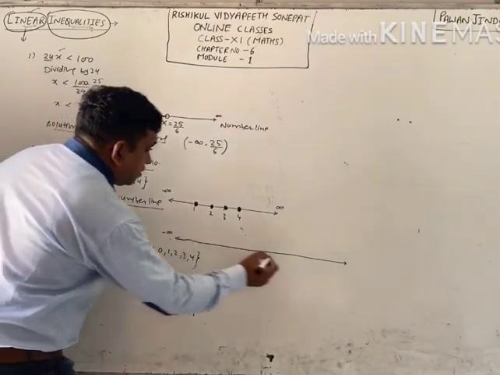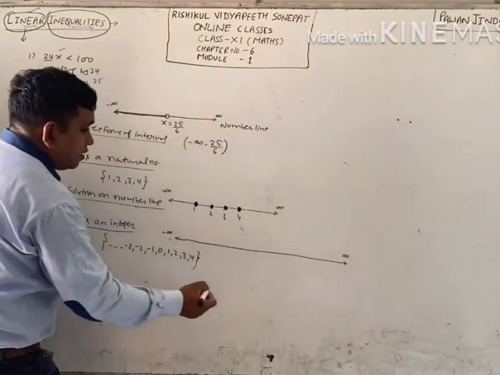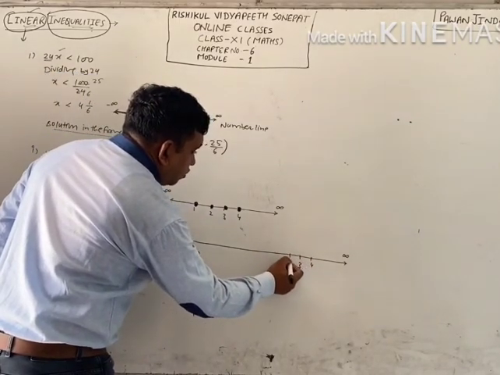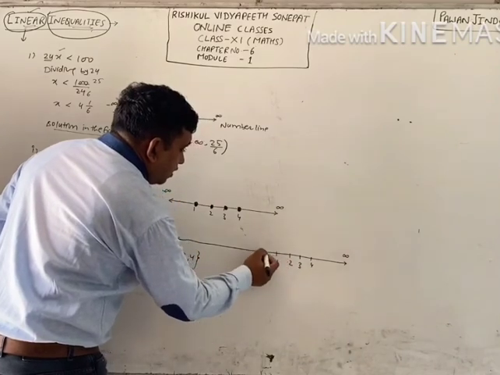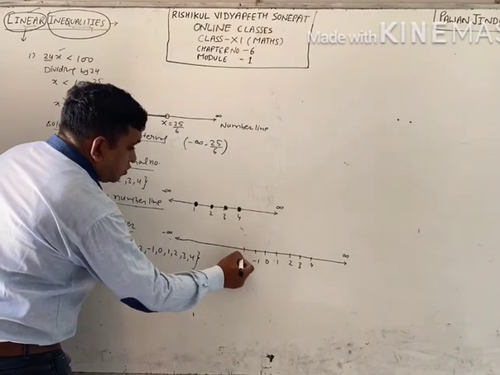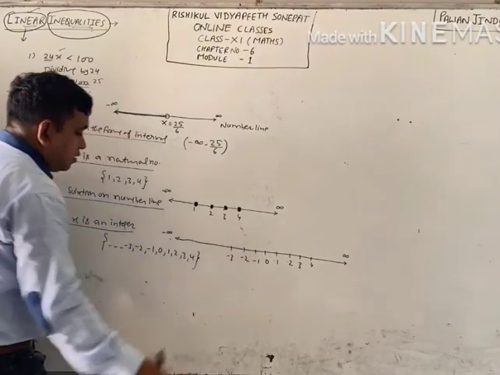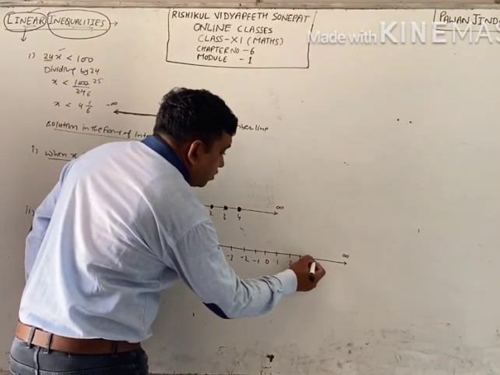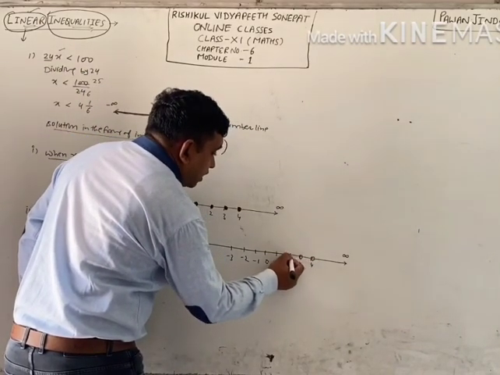Minus infinity, plus infinity. This is your 4, 3, 2, 1, 0, minus 1, minus 2, minus 3. Now all these are the part of solution, therefore you will make circle on all these. You will darken all the circles.